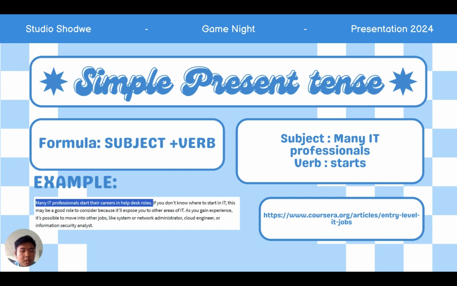The formula is subject plus verb. Let's look at the example: many IT professionals start their careers in help-desk roles. In the sentence, the subject is many IT professionals and the verb is start.